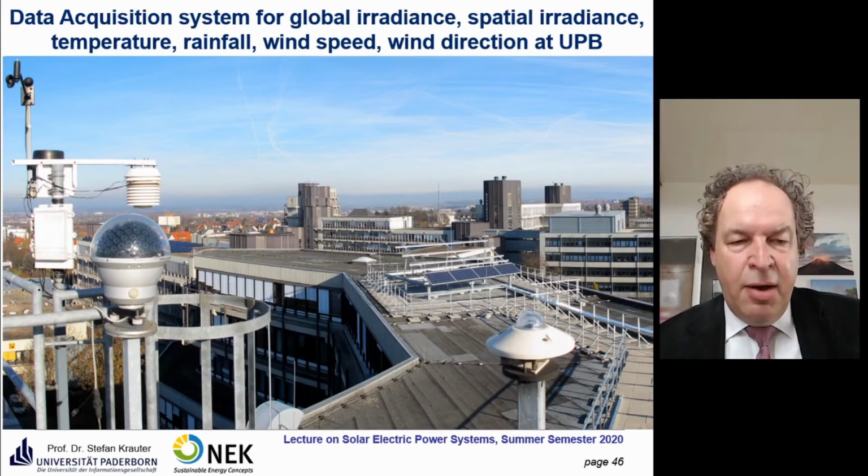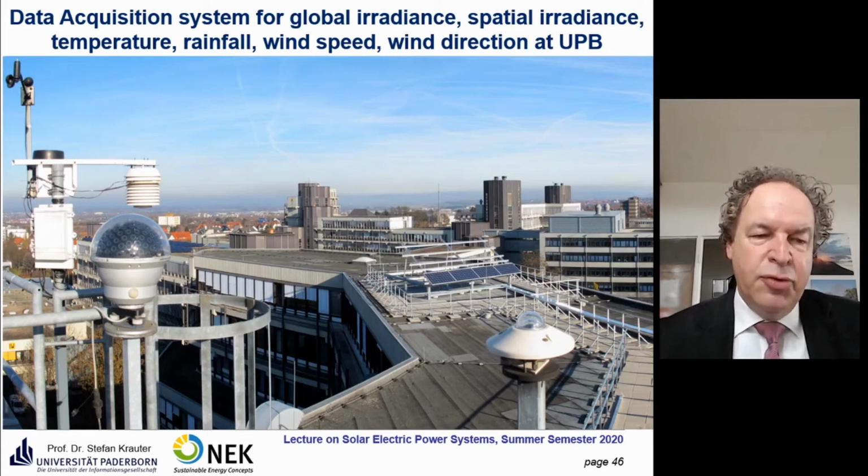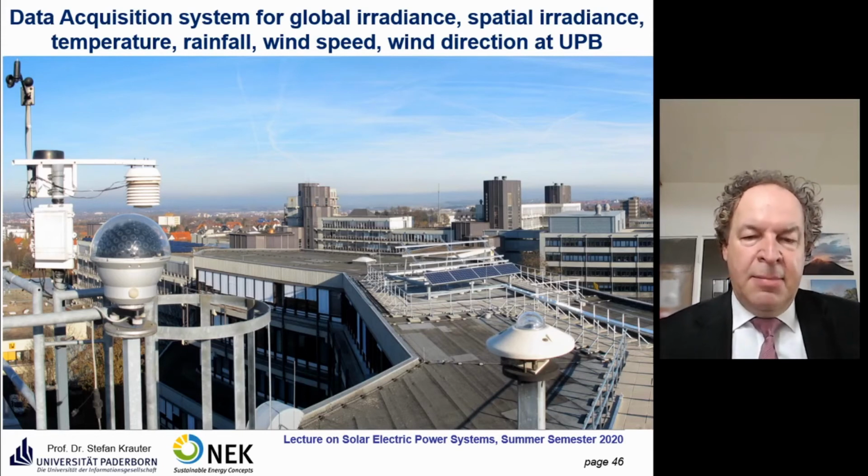Then we have our own custom-made sensor for the diffuse part, and it not only measures the diffuse part as a whole, but also differentiates between the different directions of the diffuse part. On the right part, as you already know, there's a pyranometer designed for global irradiance measurement.